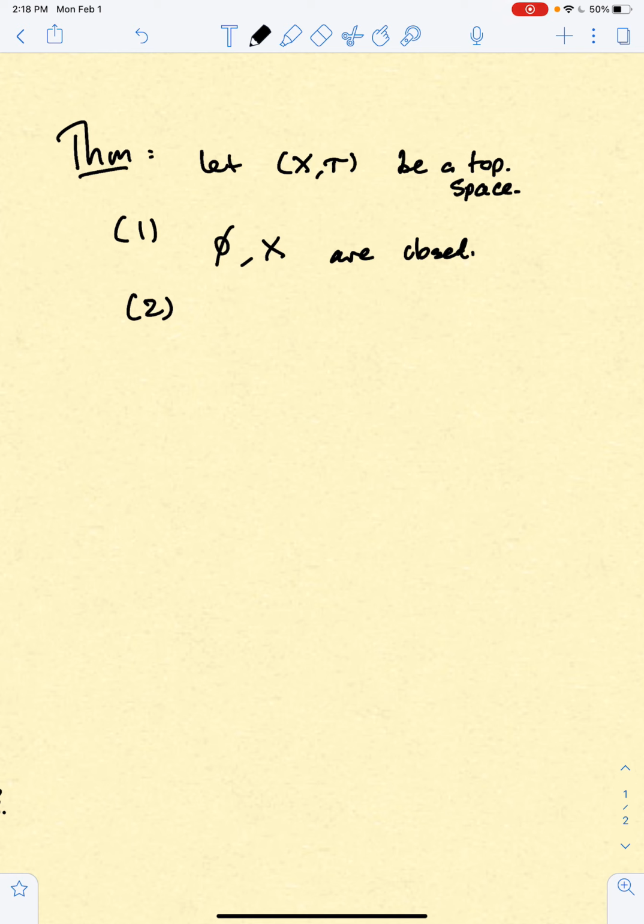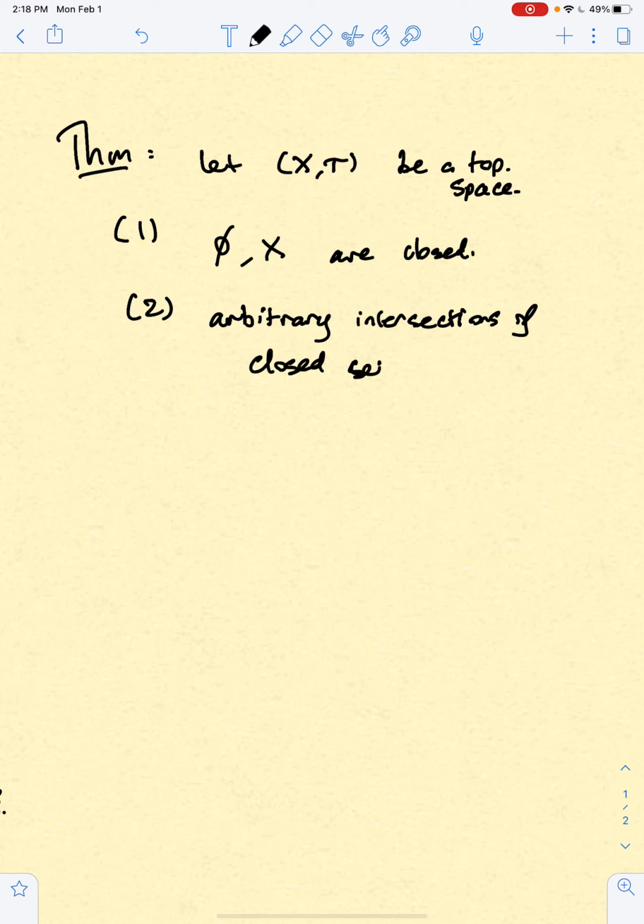2. Arbitrary intersections of closed sets are closed. 3.